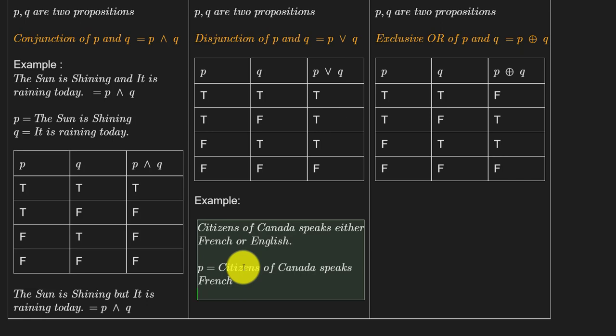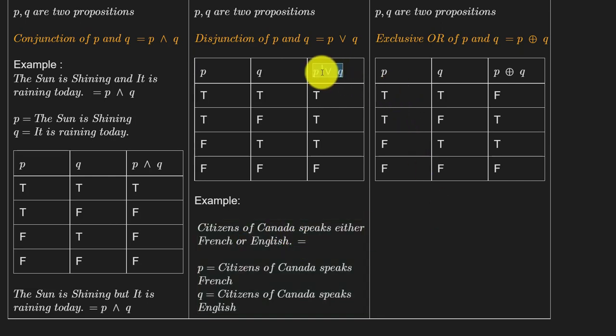And my Q will be: citizens of Canada speak English. Now, because there is an OR over here, we are talking about P or Q, right? So if I just copy this one, we are basically talking about this one over here.